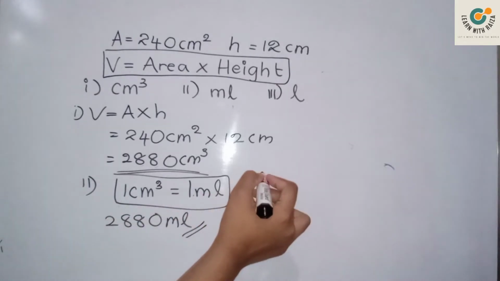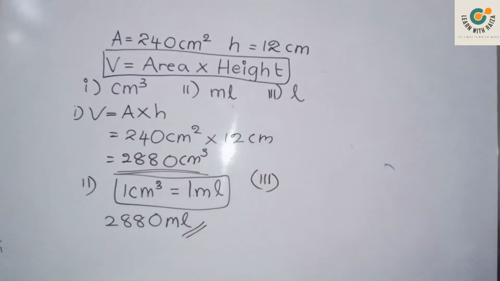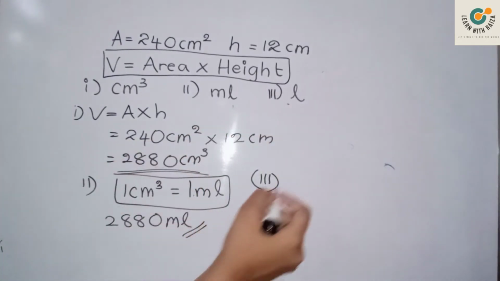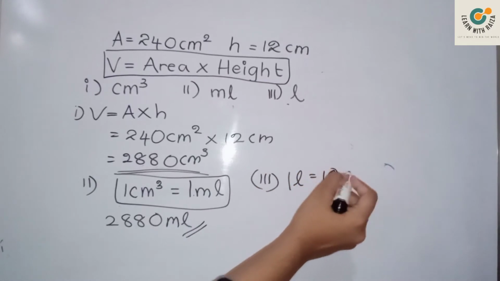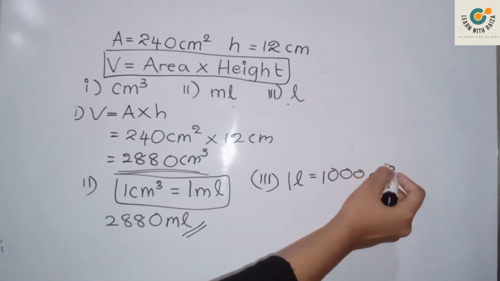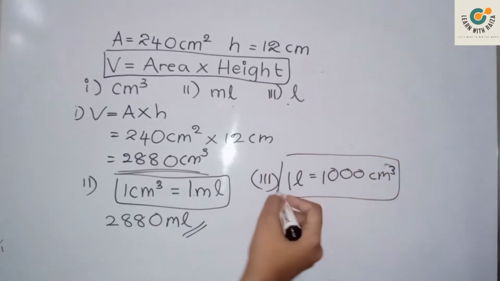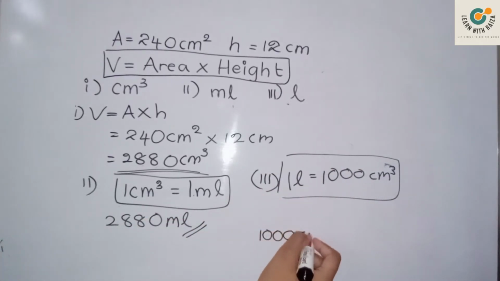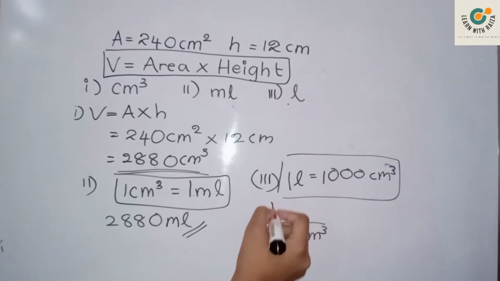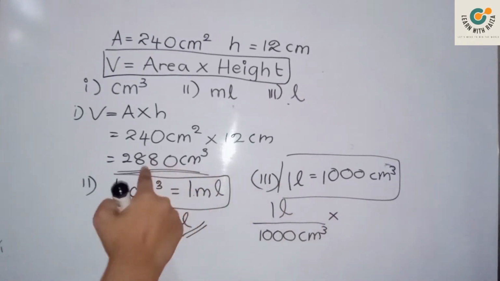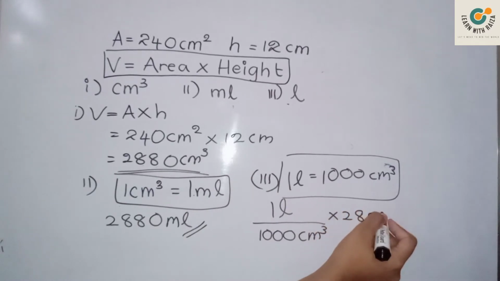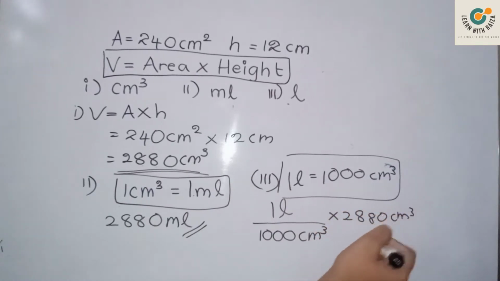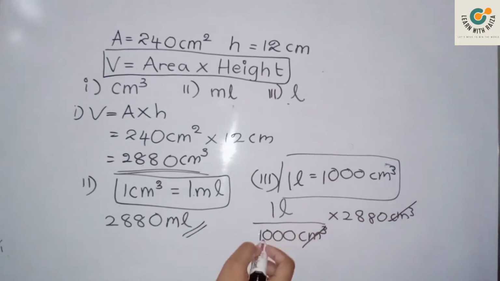Likewise, we'll find the answer for Roman number 3 in liters. What is the relationship between liters and cubic centimeters? 1 liter is equal to 1000 cubic centimeters. This is the relationship that you have to use. In other words, 1000 cubic centimeters is equal to 1 liter. Therefore, for 2880 cubic centimeters, you can cancel the units, and you are getting 3 zeros here.